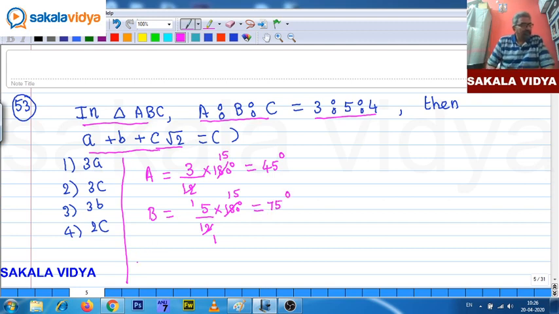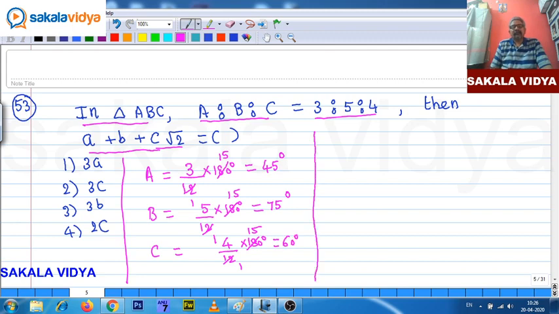C equals 4 by 12 into 180 degrees, 60 degrees. Now the angles have been evaluated. 75 plus 45 is 120, 120 plus 60 is 180 itself only.